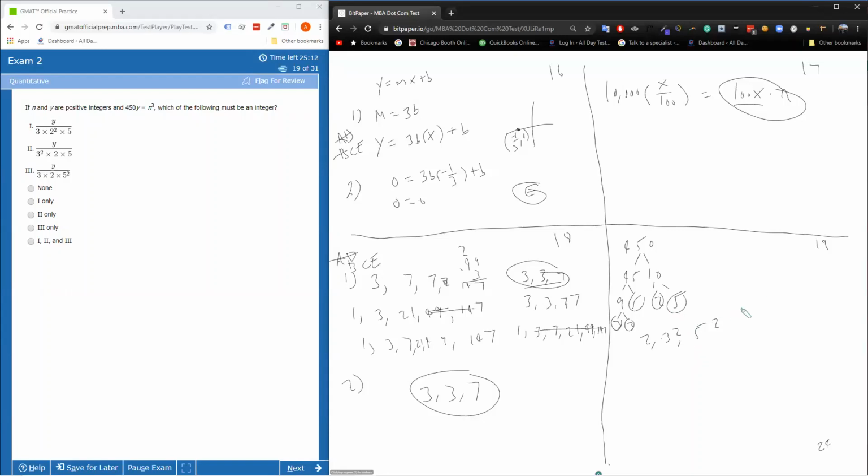So n cubed has to contain all of 2, a 3, and a 5, but you're going to cube it, so it's going to contain at least 3 of those. So that means from the y, we need to get 2 more 2s at least, 1 more 3 at least, and 1 more 5 as a minimum. These have to come from the y.